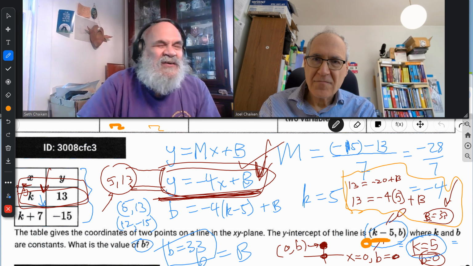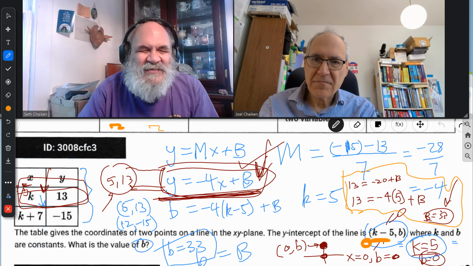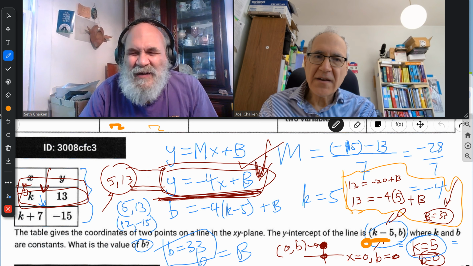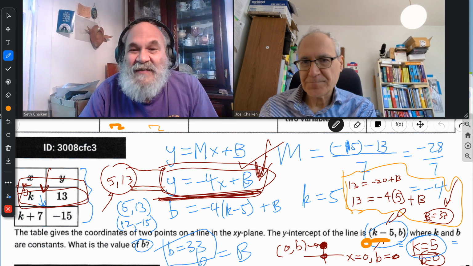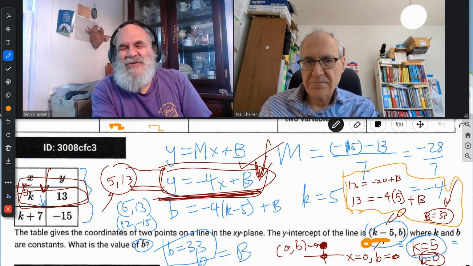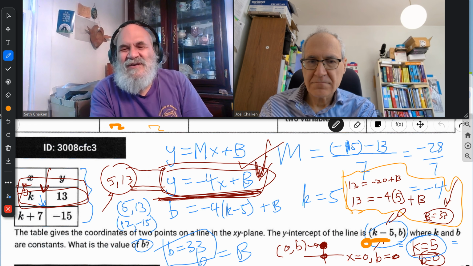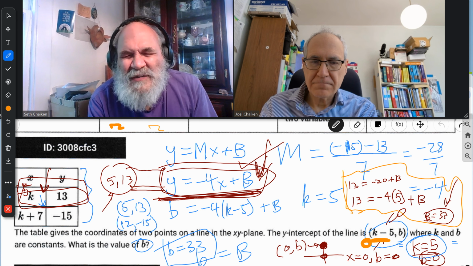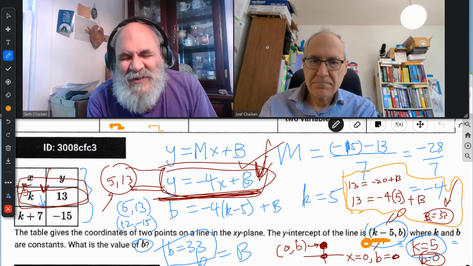You need to recognize that the relevant information is that the x coordinate of the y-intercept point is 0. Since you're told that the y-intercept is k minus 5, you need to conclude that the unknown k is a constant, that to find b it's a good idea to find k, and that the fact tells you k is equal to 5.